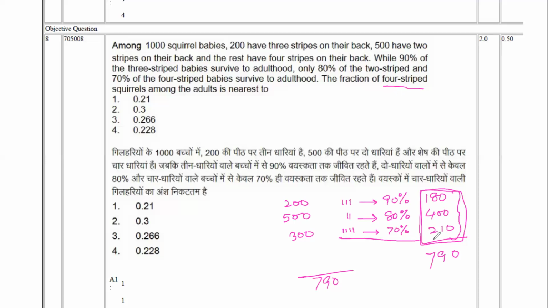So 4 striped ones are 210. So that is 21 by 79. Now 21 by 79 is almost like 20 by 80, which is 25% almost. Yeah, slightly more than 25%. So this will be my answer. Because I know that 20 by 80, there is one more here in the numerator and one less here.